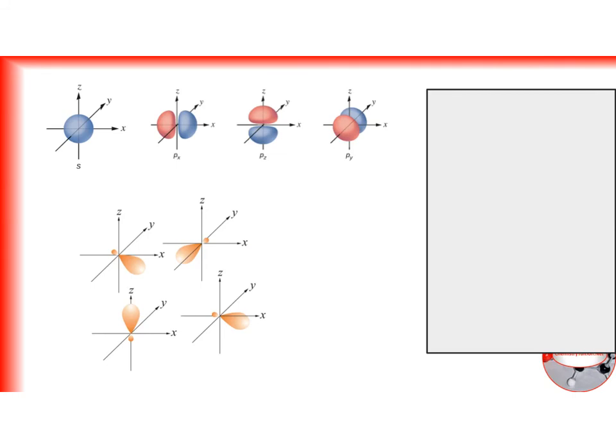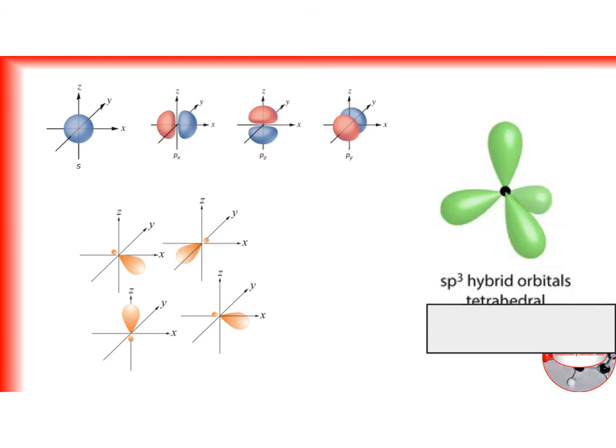So if we look in more detail at how these look, you can see we have our original orbitals at the top and our four hybrid orbitals there. And when we put them together on a diagram, they actually form the shape of a tetrahedron. So you have your four sp3 hybrid orbitals in the shape of a tetrahedron.